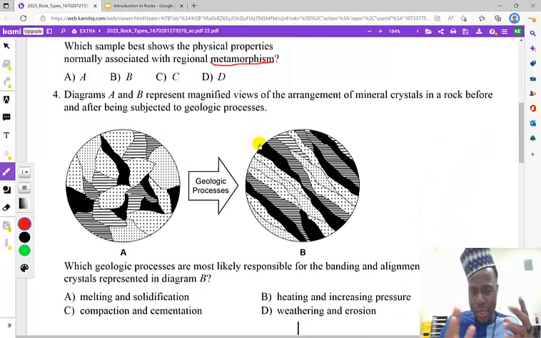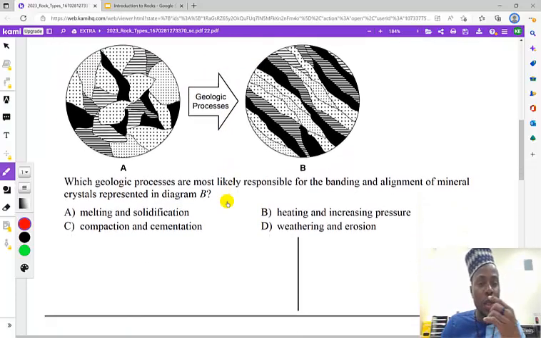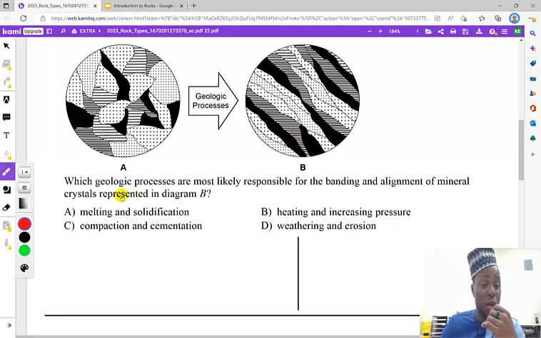Question number 4, same thinking process would apply here. Diagrams A and B represent magnified views of the arrangement of mineral crystals in a rock before and after being subjected to geologic processes. So you have diagram A here and diagram B here. The question is, which geologic process is most likely responsible for the banding and the alignment of the minerals represented in diagram B?